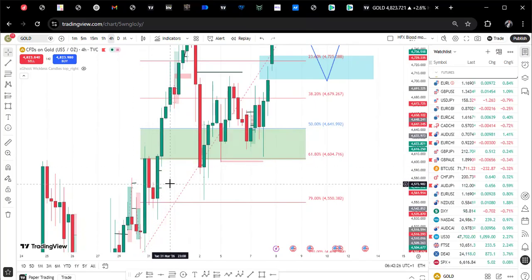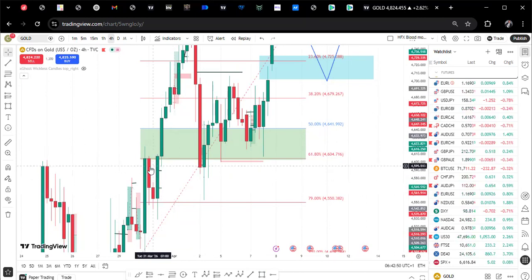Now, I don't know if I've shown us double FVGs or inverse FVG. Inverse FVG is a fair value gap that failed, basically, or where you have two.